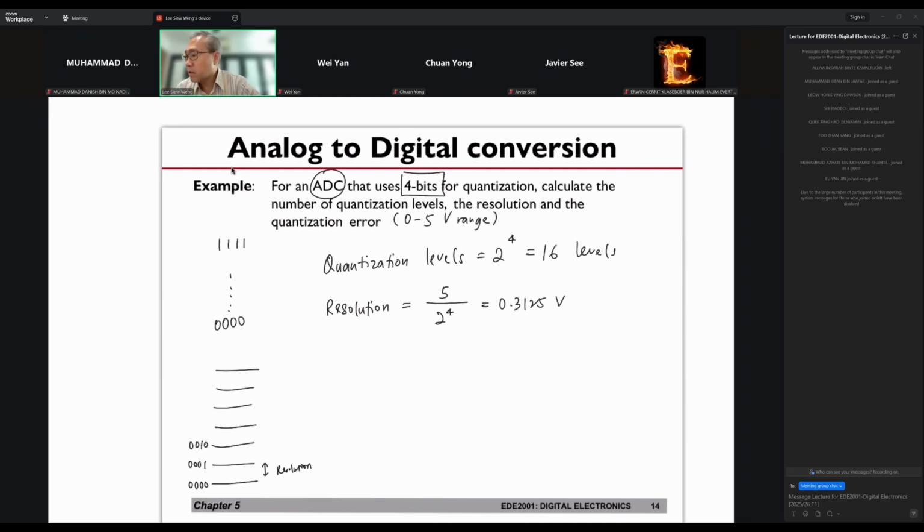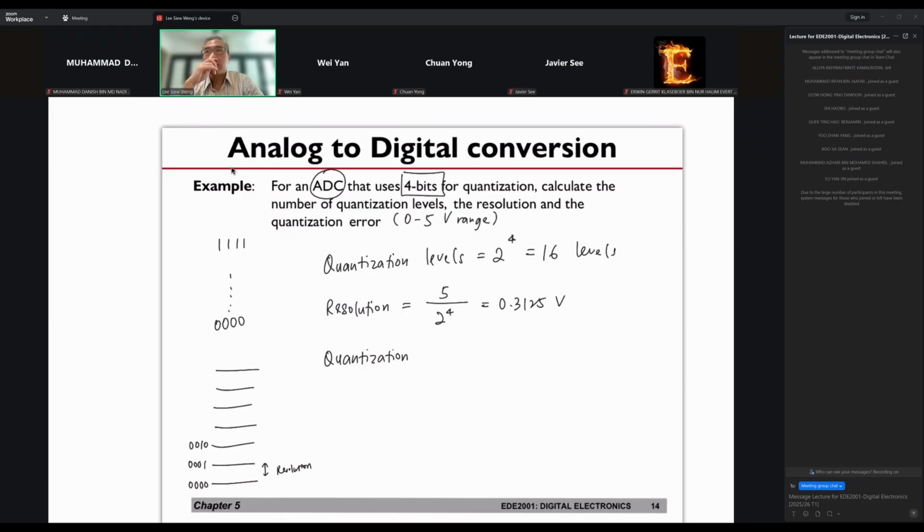So what is the quantization error here? When you are doing analog to digital conversion, don't forget there is some error because of rounding. In the circuits that I have used in our examples, we are all rounding down.